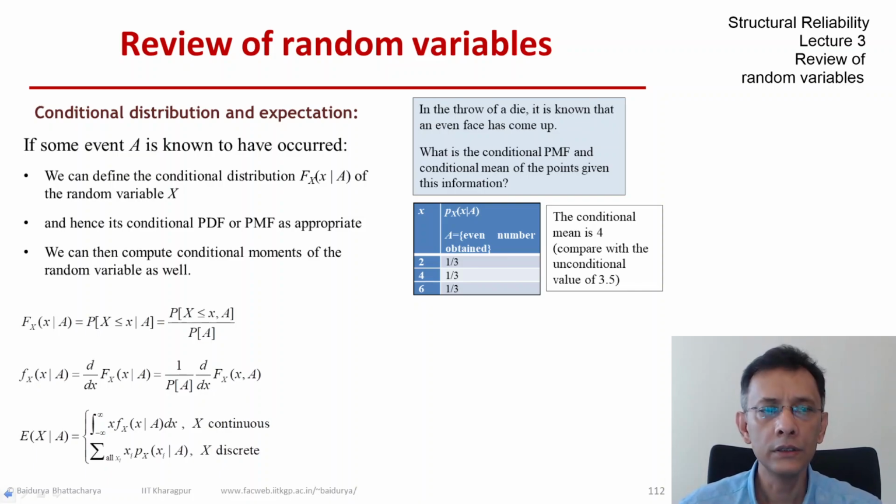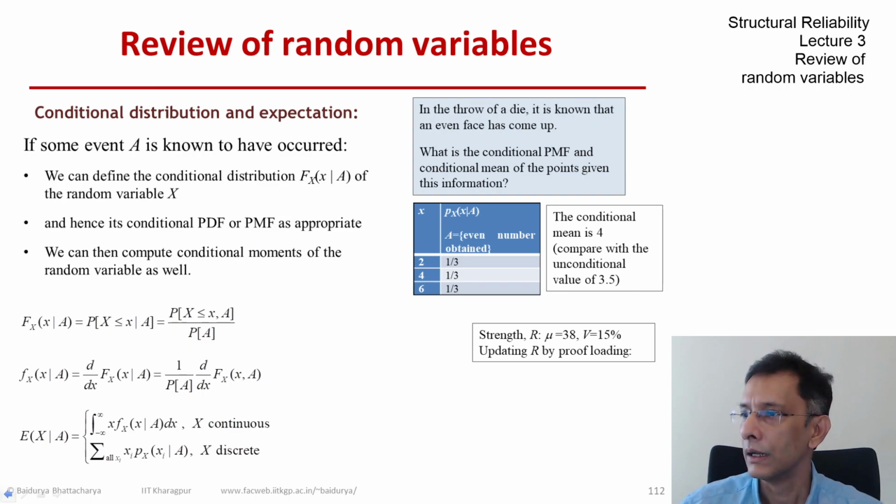We can look at one more example involving continuous random variables. For example, let's say we have the strength of a member whose mean is 38 units and COV, the coefficient of variation, is 15%. Suppose we update the strength of this member by proof loading.